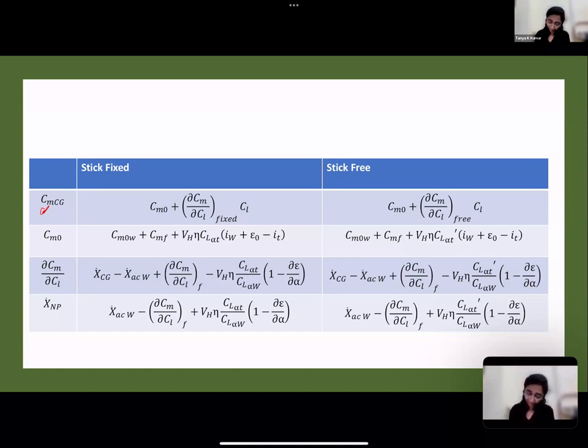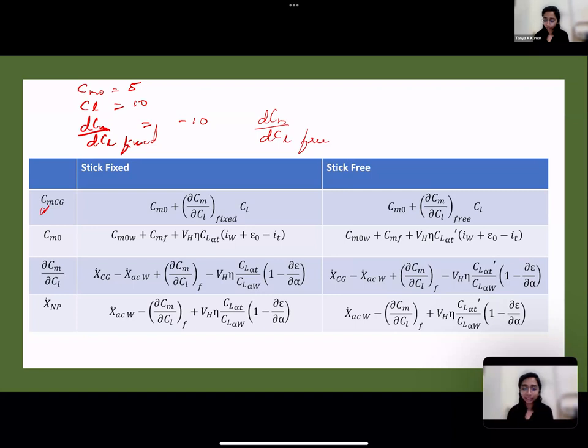Okay, let's just take some values. CM naught is, say, positive, right? I'm just taking some random values. Let's take 5, okay? And let's take CL to be 10. And dCM by dCL for fixed would be -10. And dCM by dCL for free would be less negative, so it will be -5, something like that.